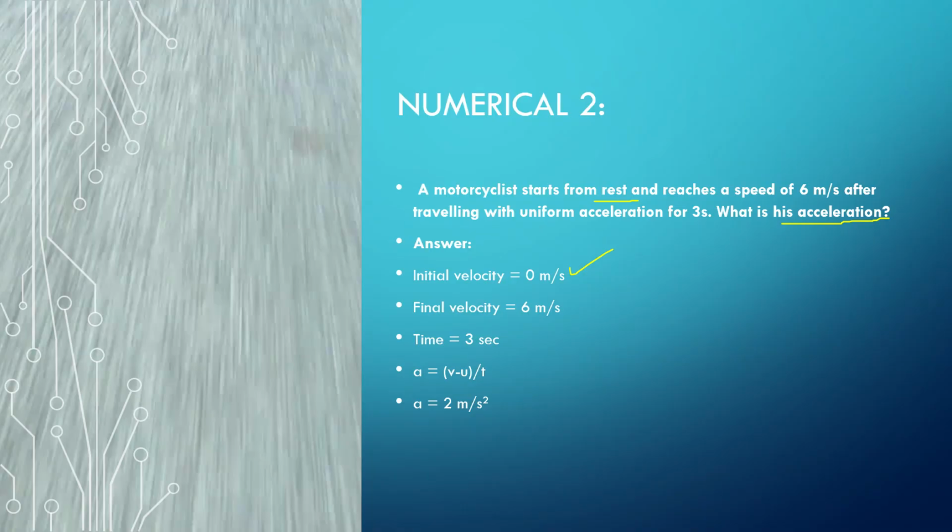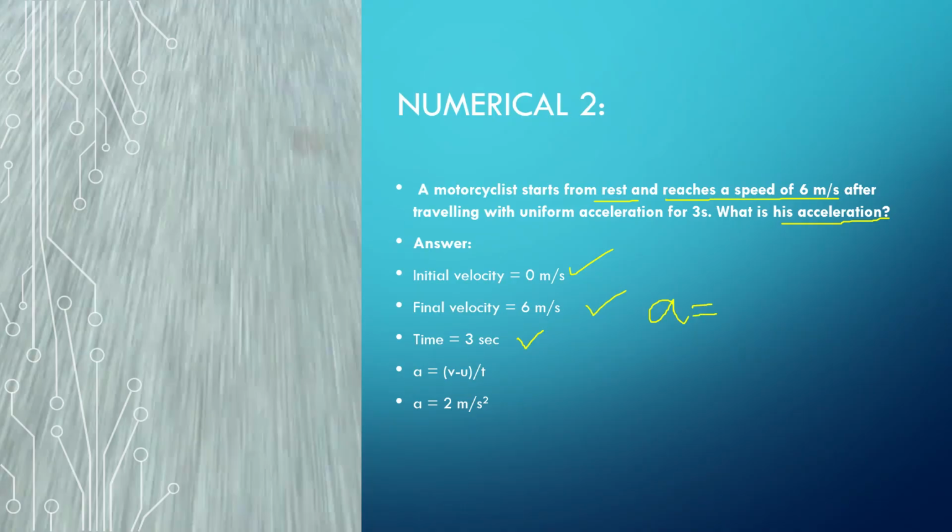What is the final velocity? It is 6 meters per second. Now, how do you know it's final? Because the question tells us that it reaches a speed of 6 meters per second. What is the time given? 3 seconds. And what is the formula? a is equal to v minus u upon t, which we have seen in the previous slide. And to make it easier, I will help you out.